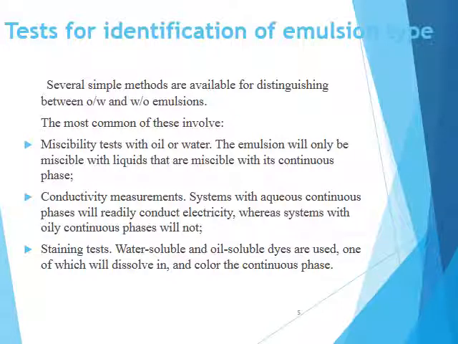If it is not, then it is water and oil emulsion. So it's very simple depending on the conductivity of the electrical current. For the staining, we are using water soluble and oil soluble dyes, and we will see which phase is going to take the dye, and according to this we will identify the type of the emulsion.